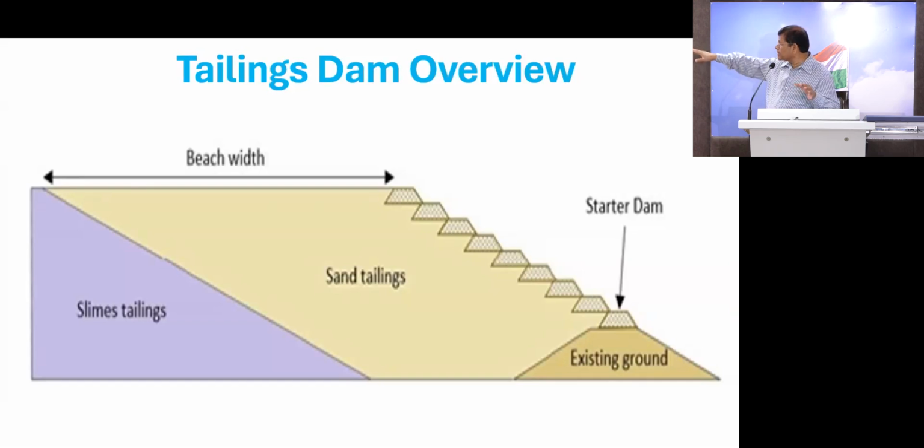We are showing it here as a standard concept, but the slope allows the fines to go further and further. And the width of the beach, especially in this kind of setting, is very important in the design of a tailings dam.